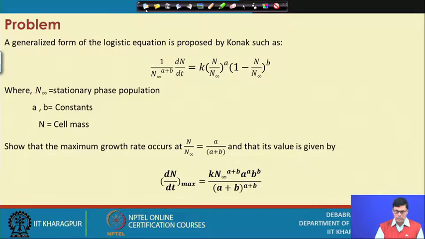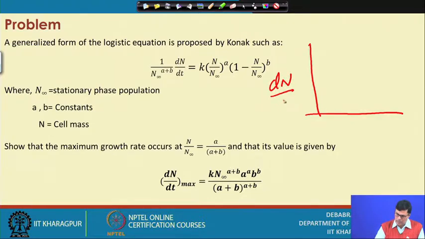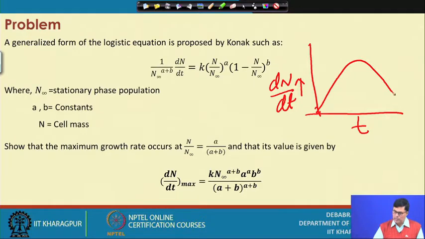Now to solve this problem, we know dN by dt. What is dN by dt? Rate of cell mass formation, with respect to time. This will keep on increasing with respect to time, then will decrease. Now, this we shall have to monitor. This point is dN by dt, which should be maximum, at T max.